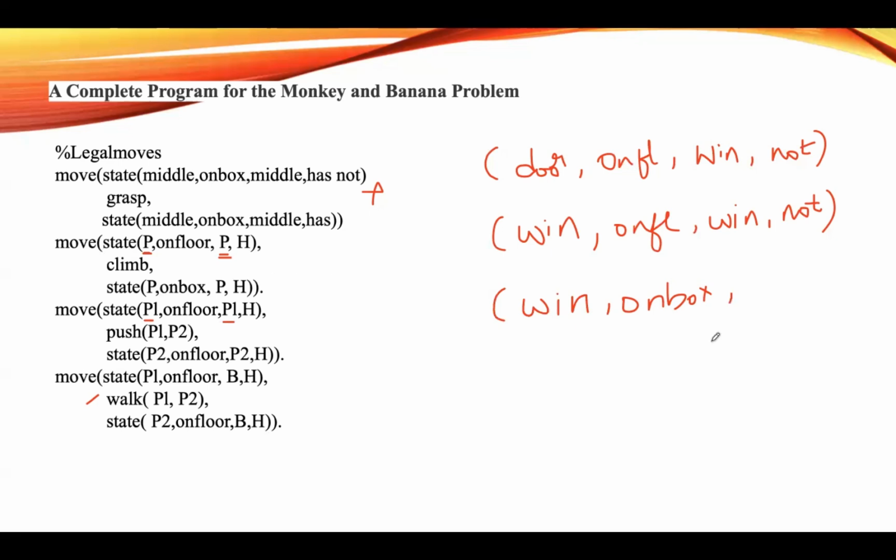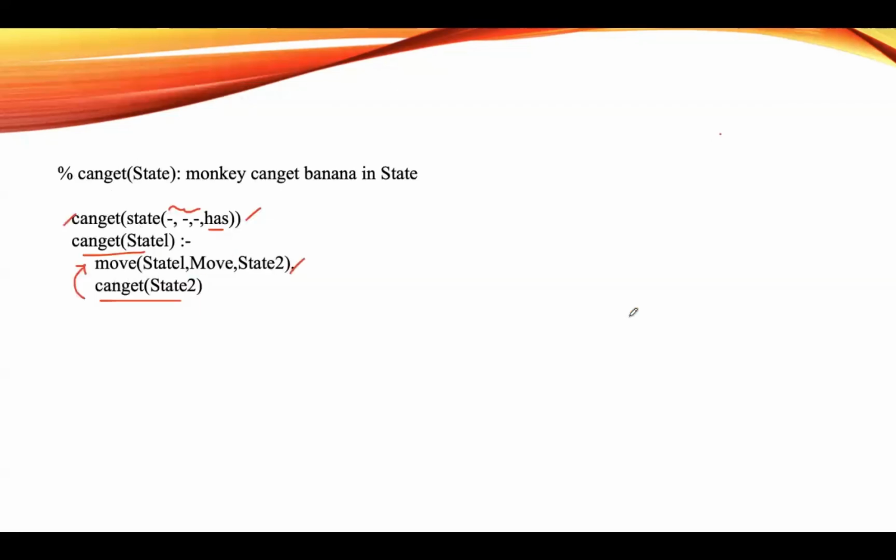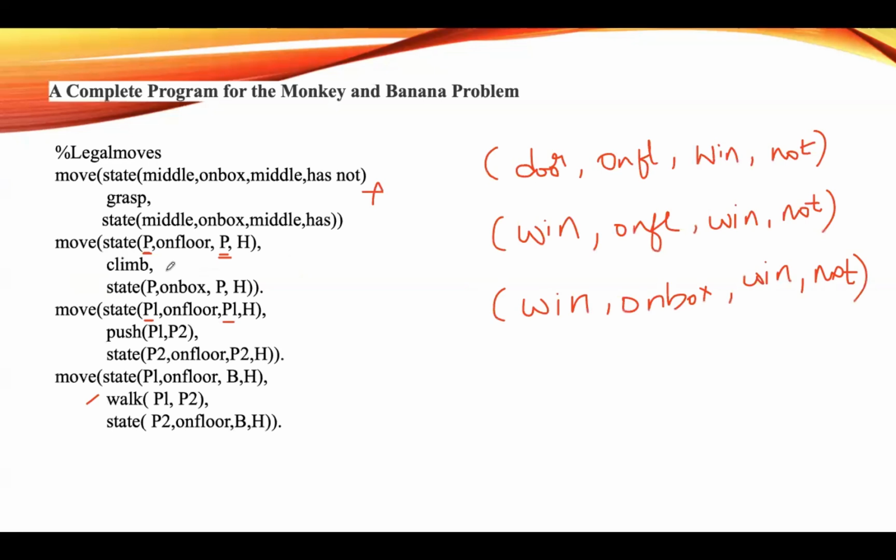And remaining two components remain same. Still monkey is not having banana. After executing this move, again you need to execute can get of S2 in order to check whether monkey got banana. So as it is not having banana, again execute one more move.